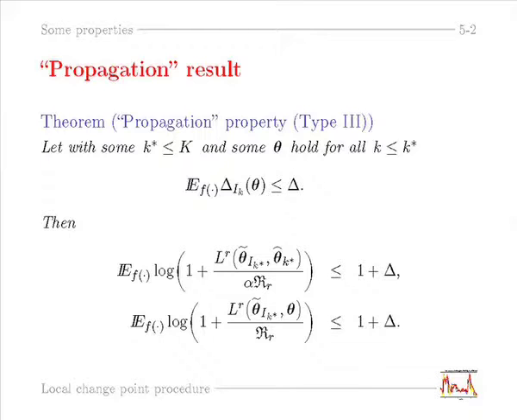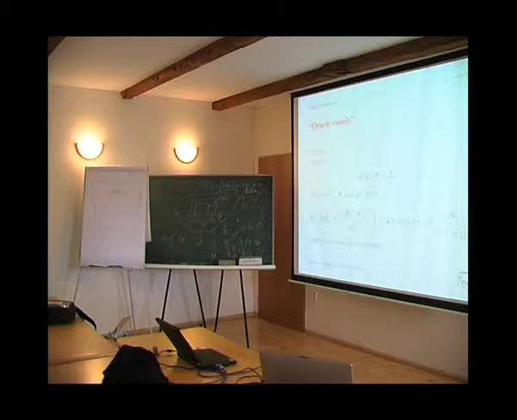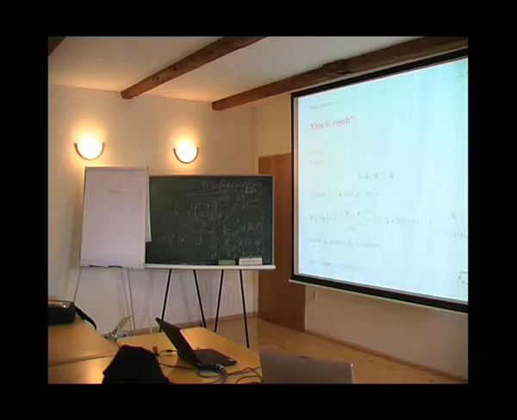And you have the oracle result, which says that there is a bound between the oracle choice and the final choice. So basically this means that the final estimate belongs to the confidence interval of the oracle estimate.